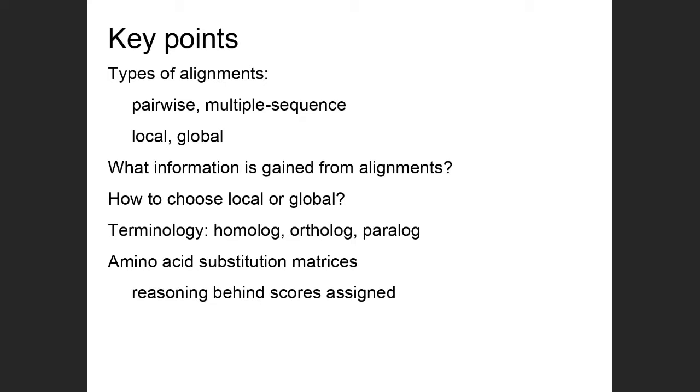So there are these words here that if you stay in this field of bioinformatics or molecular biology, you're going to hear: homologs. I remember when I was a graduate student, many seminars. Alignment was so in vogue. Everybody, because I guess the tools had just come out and everybody was doing alignments, and they were proud to show we have these sequences and we found a homolog of this gene.